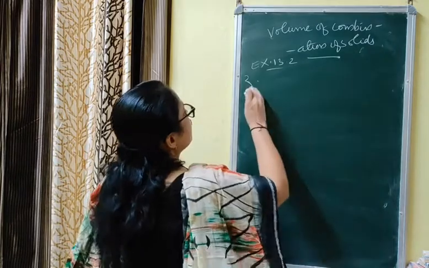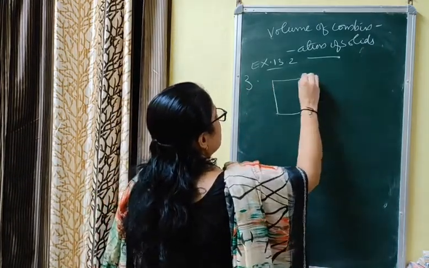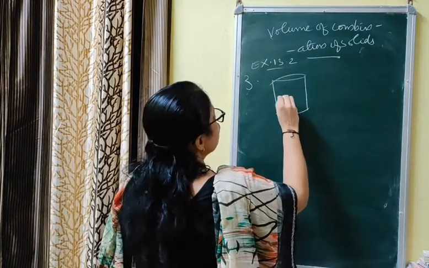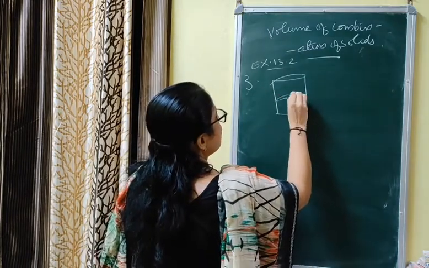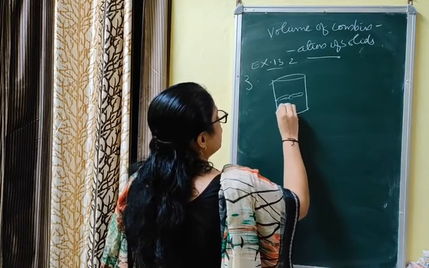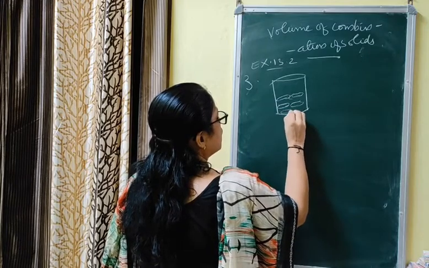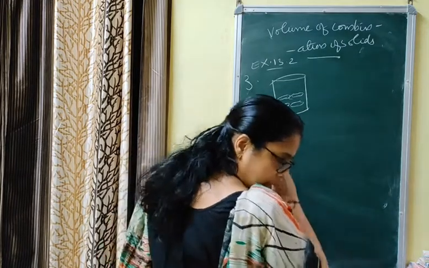This is number 3. There is a container. In container I am drawing the figure. There are a number of gulab jamun. इसके अंदर बहुत सारे गुलाब जामुन दे रखा है. गुलाब जामुन is shape of hemisphere on both ends and the cylinder in between them, like this.